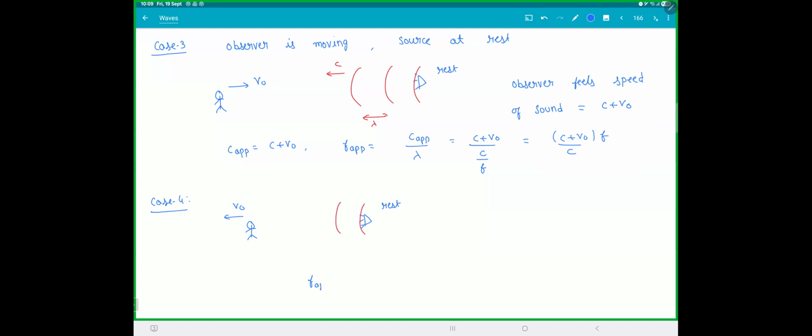So we will get F apparent will be (C minus V naught) by C into F. So when observer moves, speed of sound changes. Clear with this?